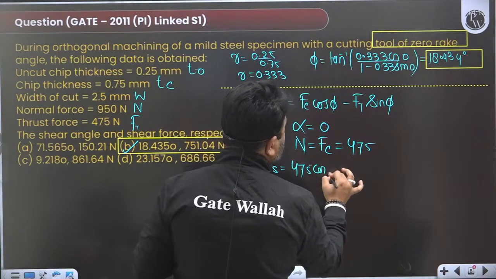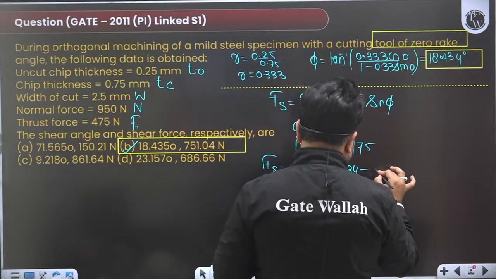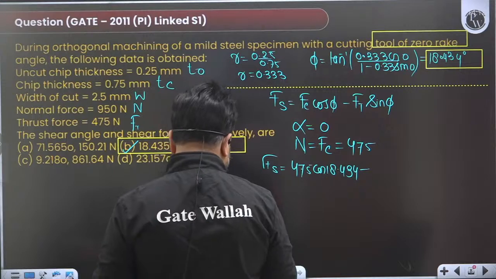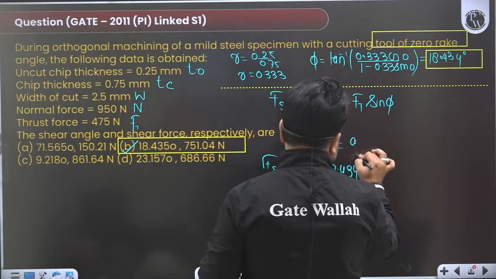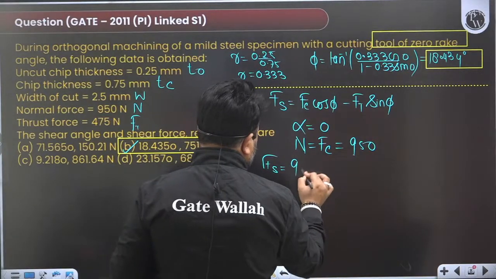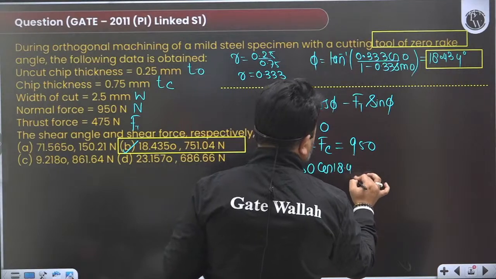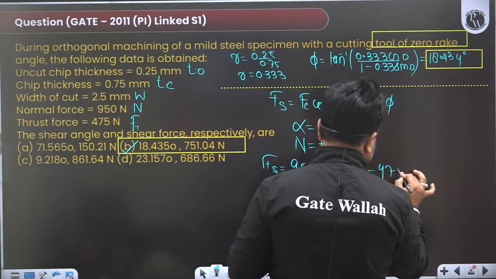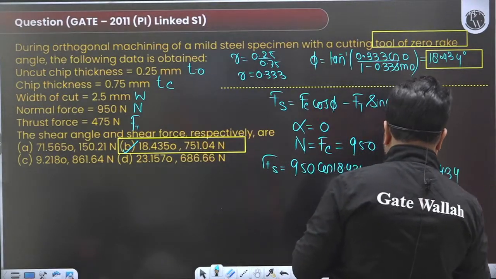Sorry, it is not 475. Normal force is 950. So Fs equals 950 cos of 18.434 minus 475 sine of 18.434.